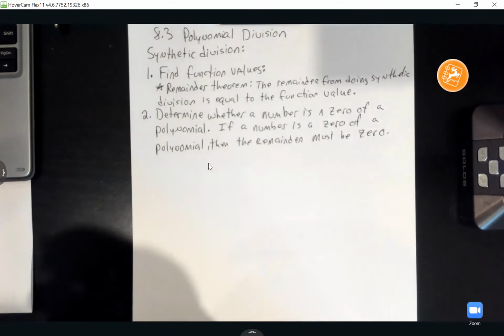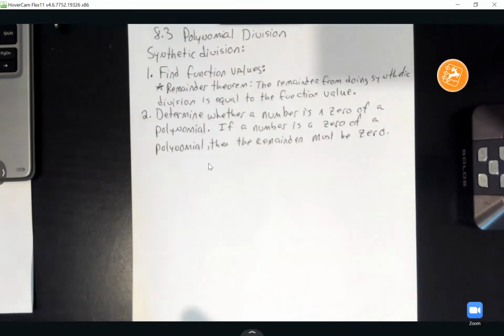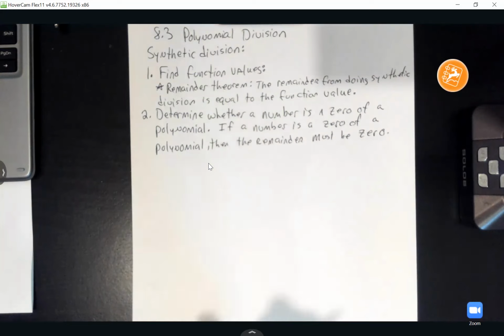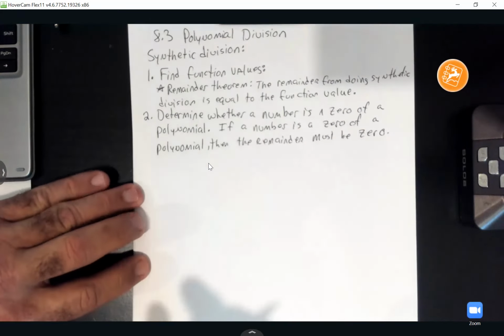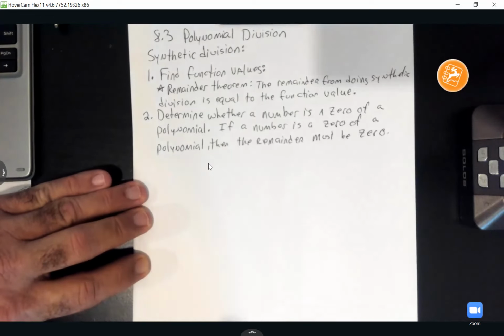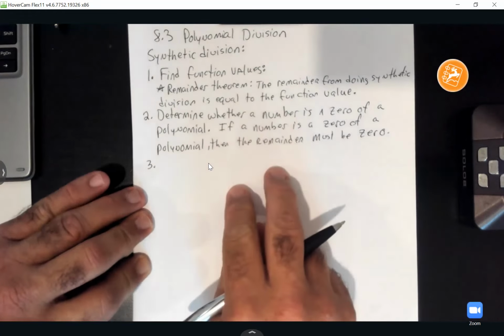So if I try to check a number to see if it's a zero and I go through my synthetic division, if my remainder is zero, then yes, it's a zero of the polynomial. If my remainder is any other number, then I would put no, it's not a zero. You know, we'll work through examples of all of this.